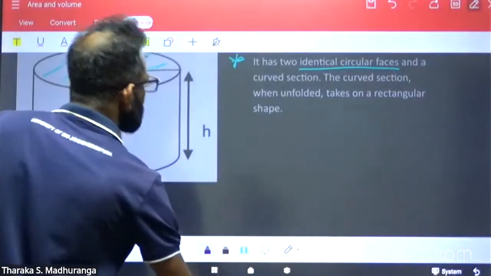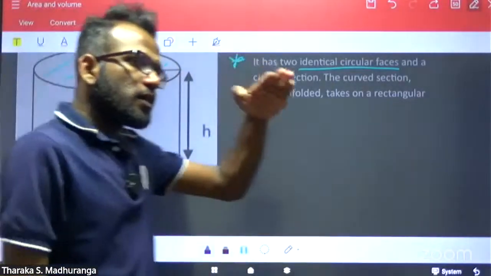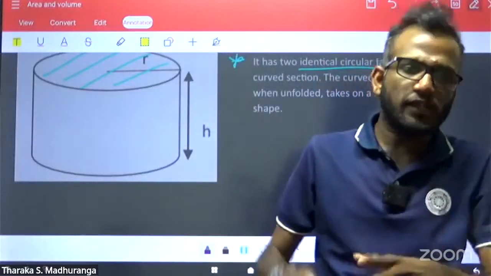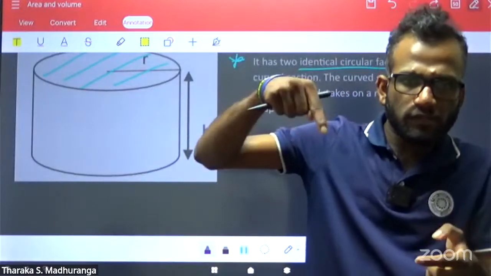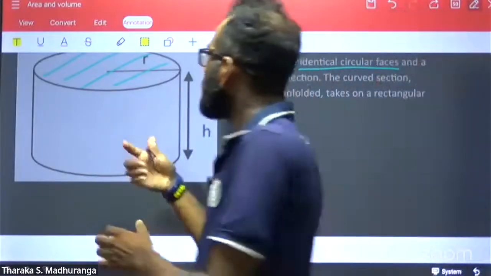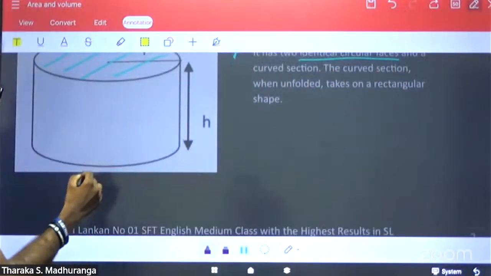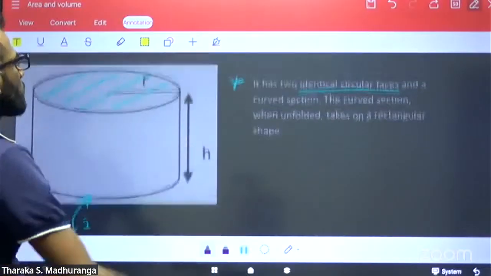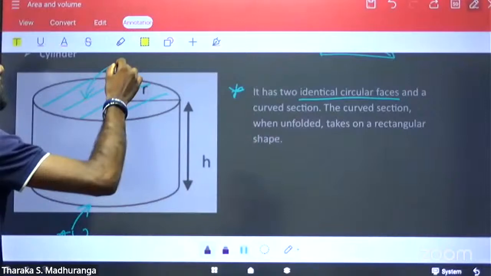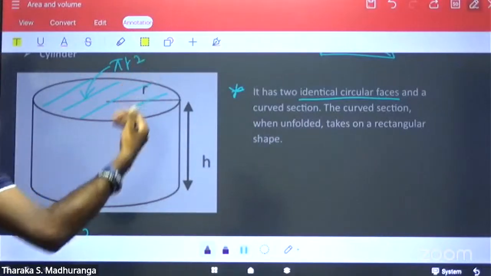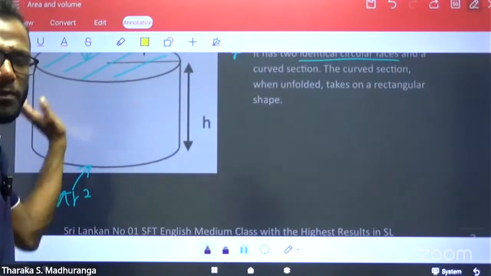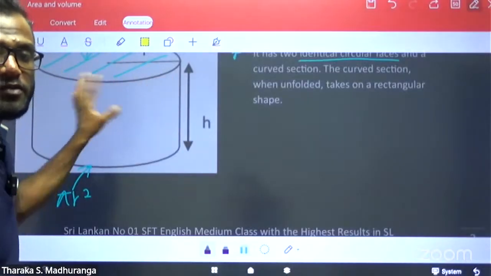Now, for the lid and base, actually no problem. Why? They are circles. Then we can use pi r squared for this base, and pi r squared for the lid. It's no problem. Then 2 pi r squared. But the problem is this curved surface.